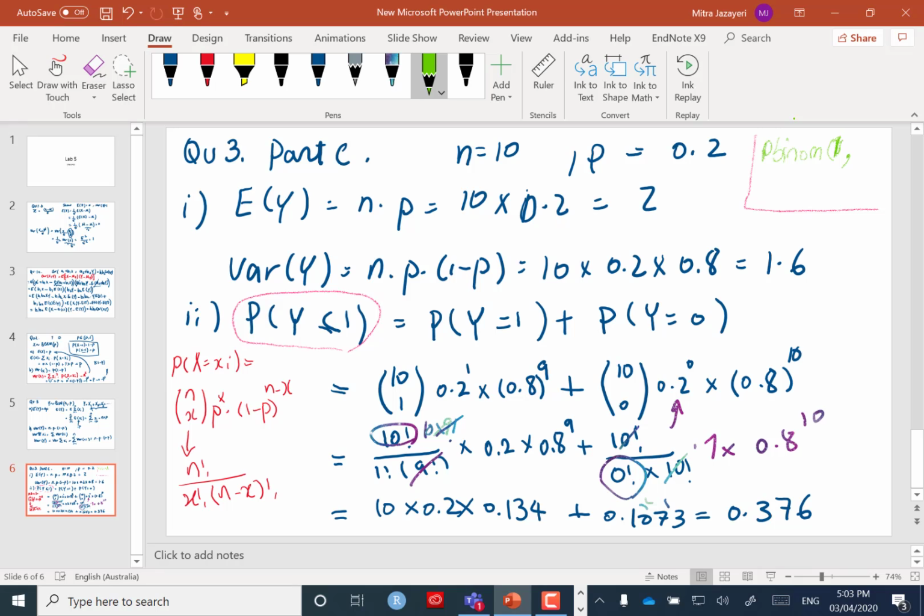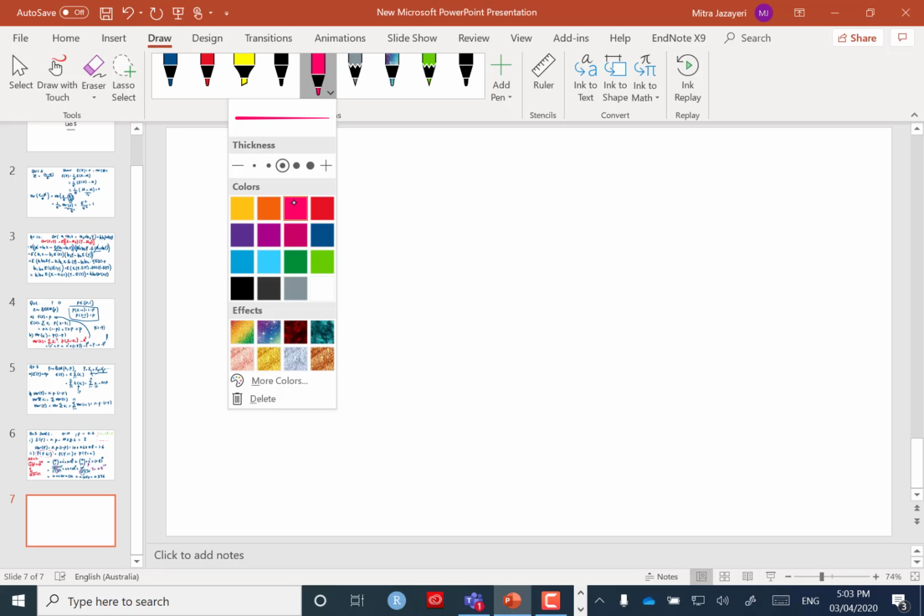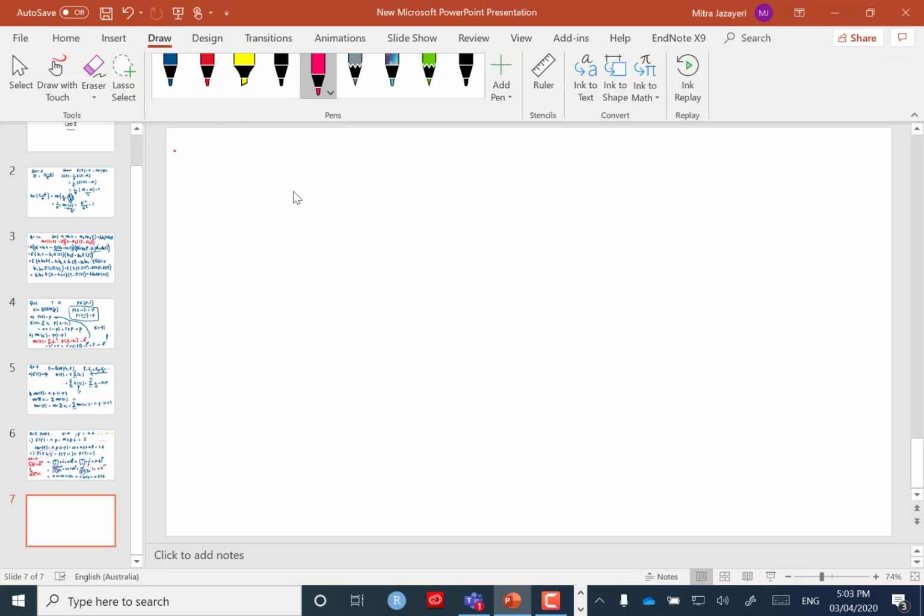Okay, now the last part, part 3 of question 3, says, what is the probability of Y greater than 1? So the probability of Y greater than 1 would be 1 minus the probability of Y less than or equal to 1.